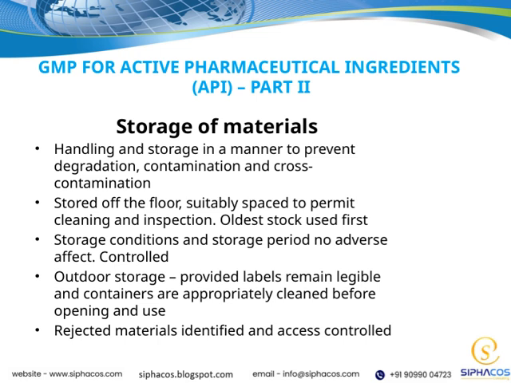Finally, any rejected materials need to be clearly identified, and access to them should be controlled. This helps prevent accidental use and ensures that only approved materials are in circulation. All of these points tie back to our overall goal of ensuring the quality and safety of active pharmaceutical ingredients, or APIs, throughout their storage and handling process.